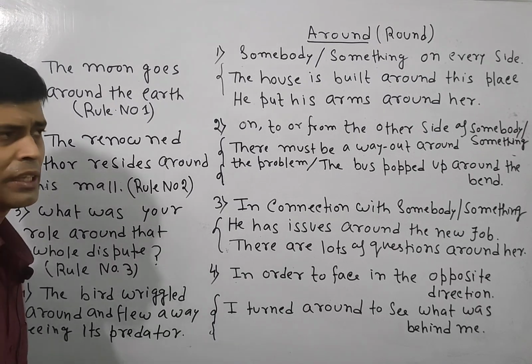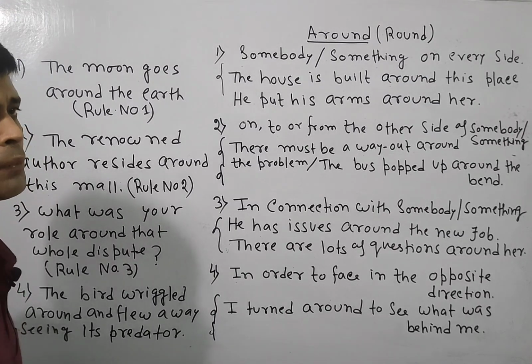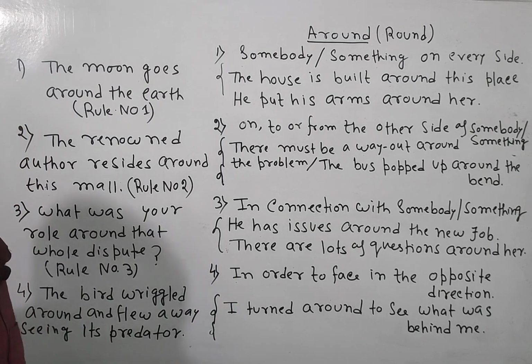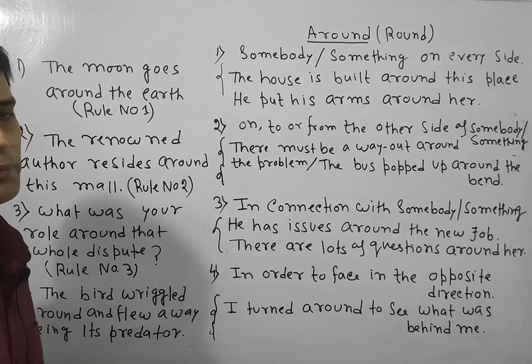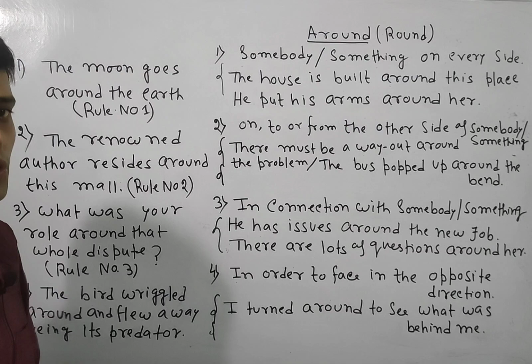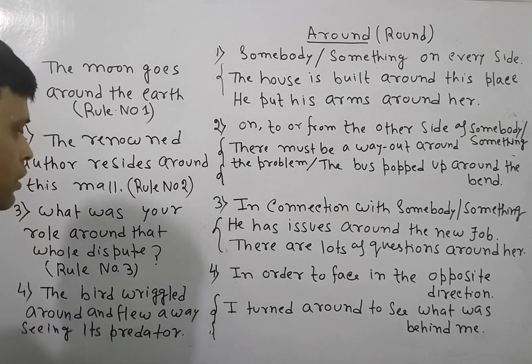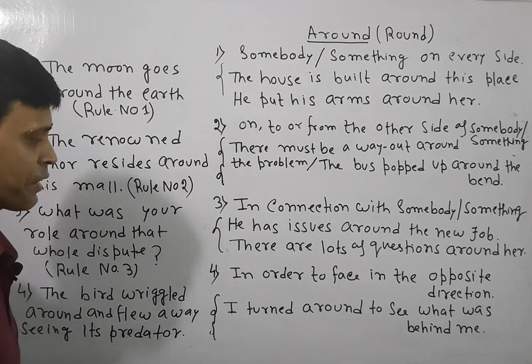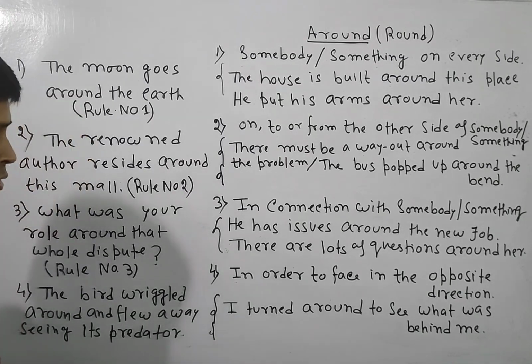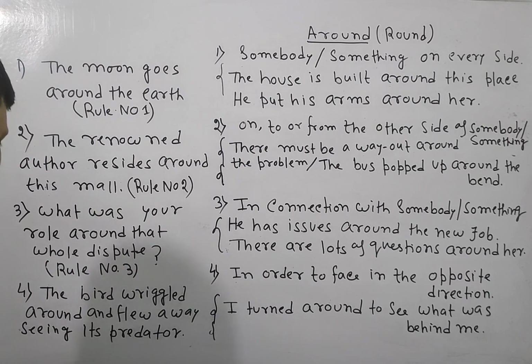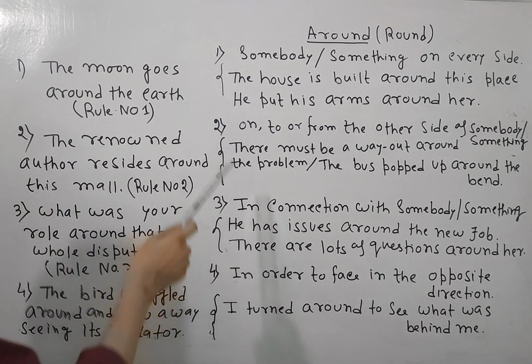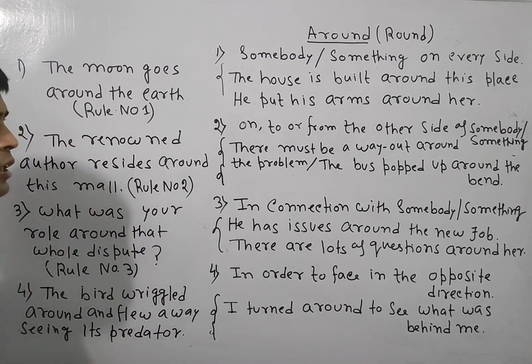Suppose I say that the office does not have any problem around me. That means the office does not have any problem in connection with me or related to me. We can also say like this. And in the fourth rule, I have written, in order to face in the opposite direction. Examples like, I turned around to see what was behind me, or the bird wriggled around and flew away, seeing or watching its predator. Predator means killer. So in this way, we can easily use the preposition around.